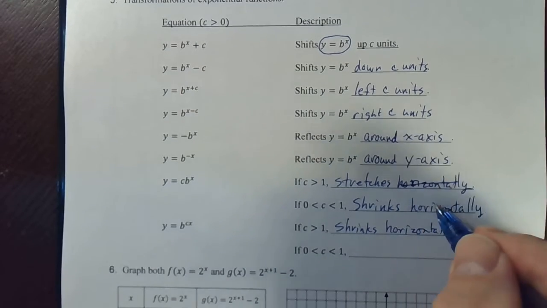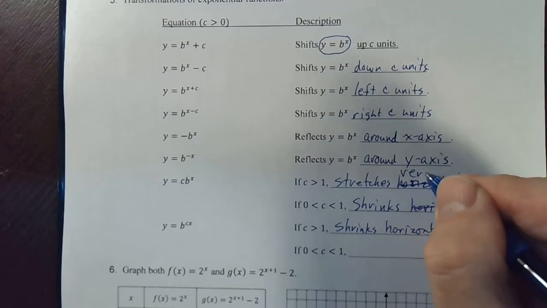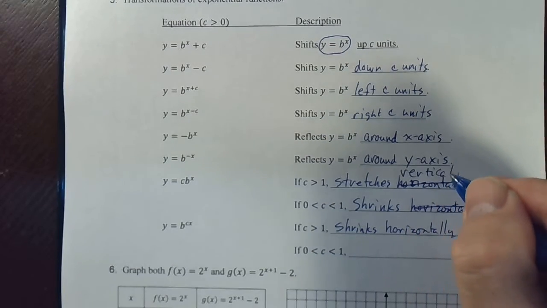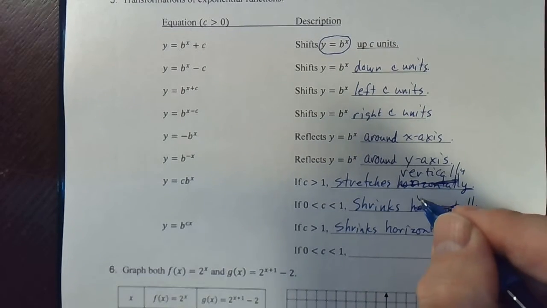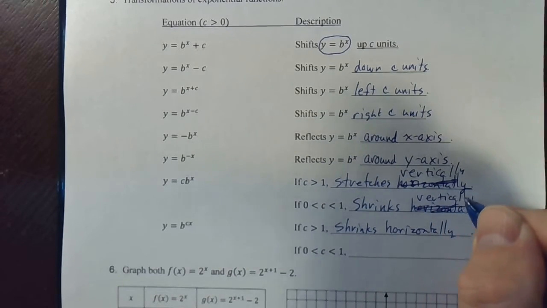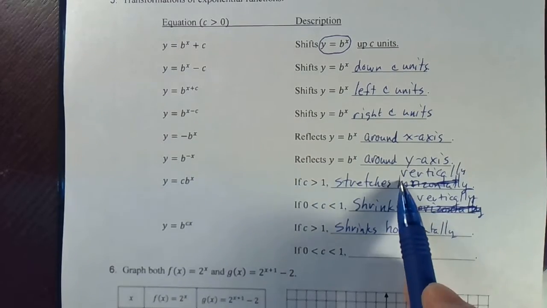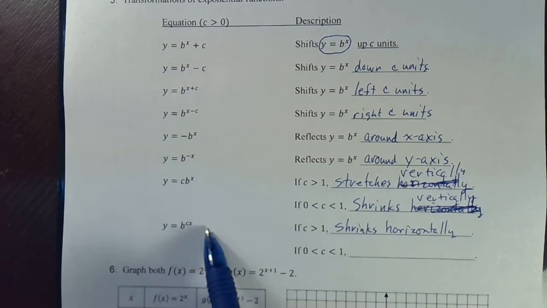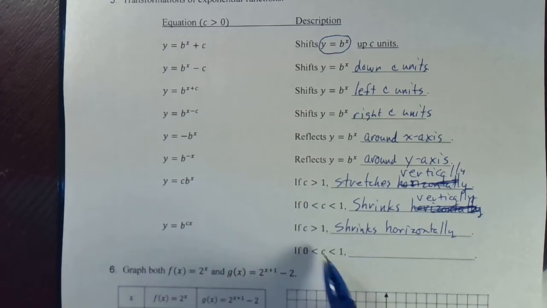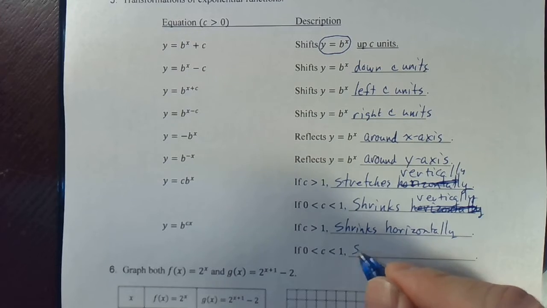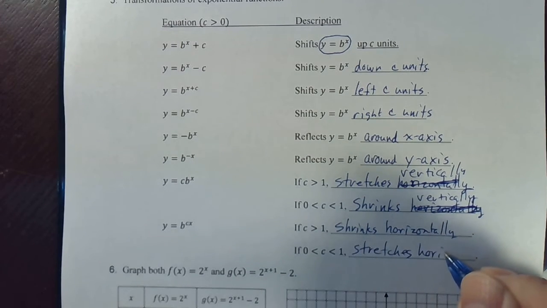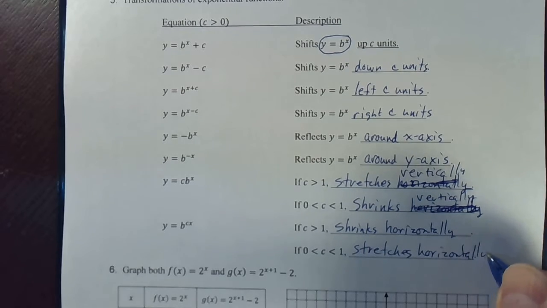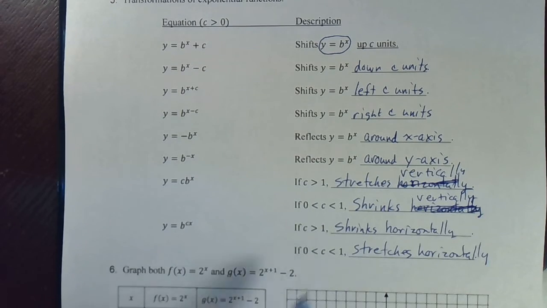These two were vertically, because it's height that's changing. Stretches it vertically, shrinks vertically. So this one is vertically, this one is horizontally. If c is a fraction between 0 and 1, it stretches horizontally. And for all of those, it would be by a factor of c.